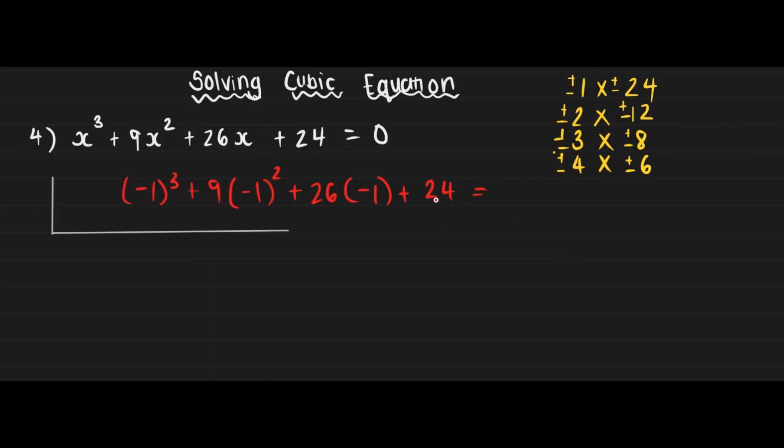And another tip is that when you substitute in the calculator, please don't forget to put it inside the bracket, because if you don't do that, your answer is going to be distorted and you're not going to get the right values, right? And you're not going to know which factors work. So moving on, when we punch this into the calculator, what you're going to get is a +6. So +6 is not equals to 0. So this one is not the right one.